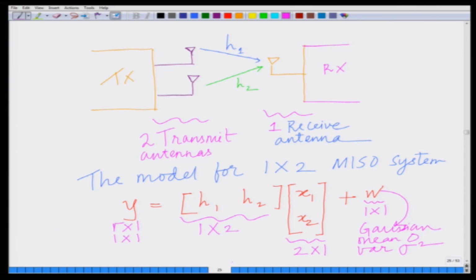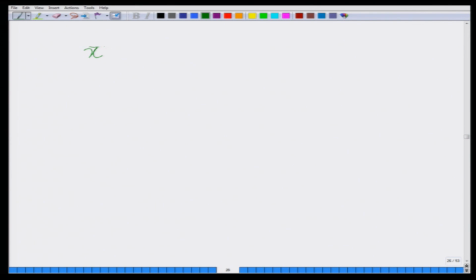Now, let us look at what is the appropriate transmission scheme for this MISO system. For this MISO system, one can ask the question, what is the appropriate transmission scheme? So, we have x bar as the transmit vector, out of which x1 is the symbol on transmit antenna 1 and x2 is the symbol on transmit antenna 2.